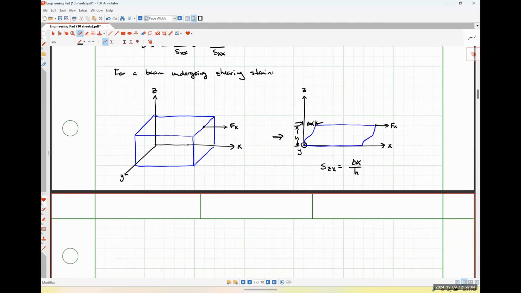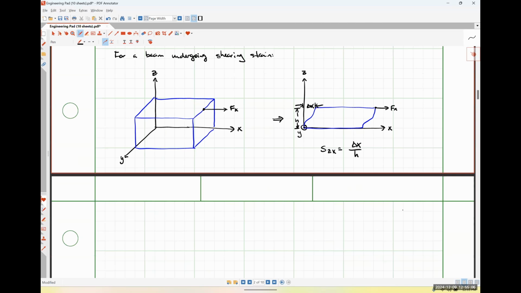All right, so stress and strain are closely related to each other by a constant called the modulus of elasticity, okay?